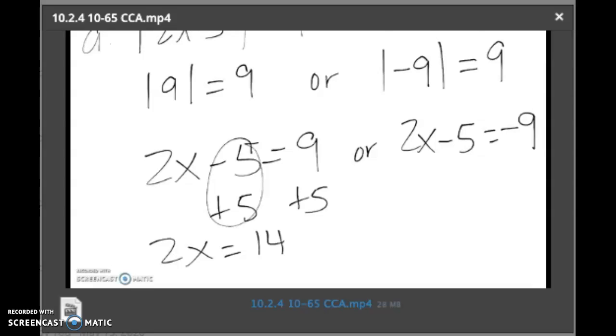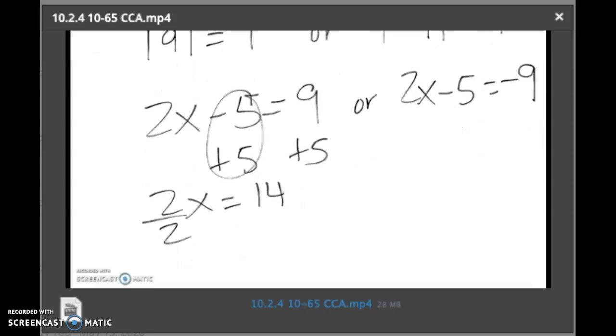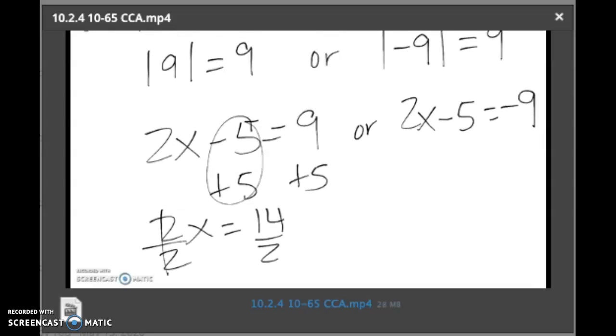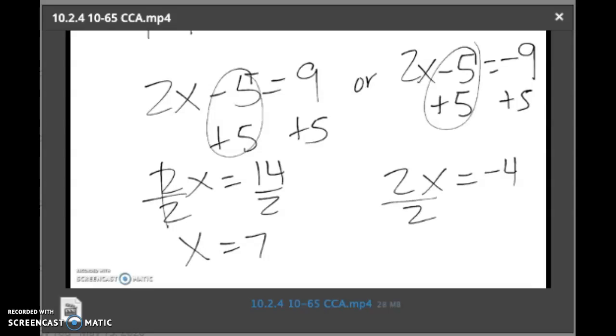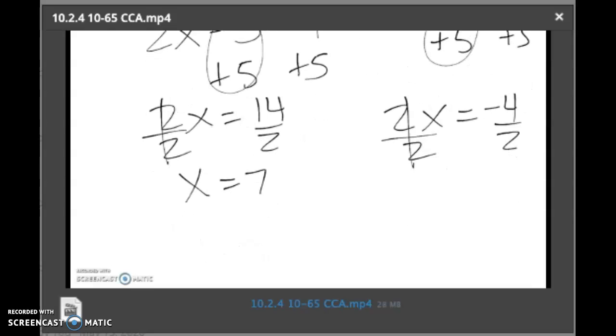So I get that 2x equals 14, and then I would divide both sides by 2 to get x equals 7. And then on my other one, solve for x. So I would get 2x equals negative 4, divide by the number in front of x. So I get x equals negative 2.